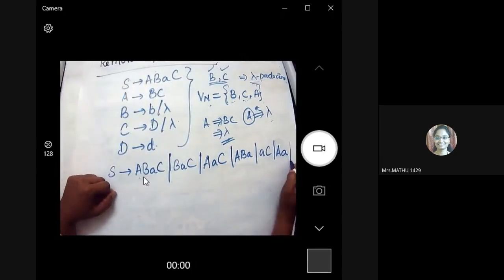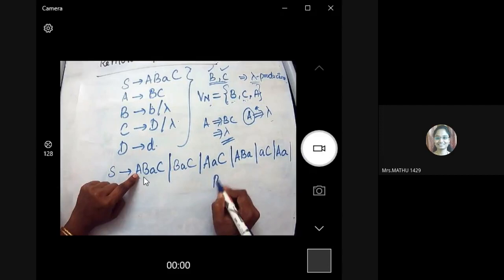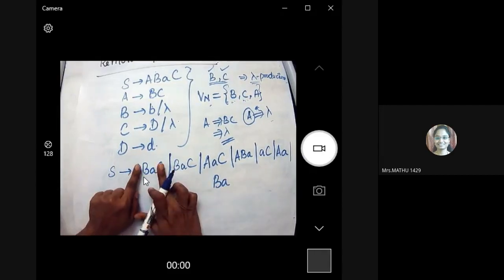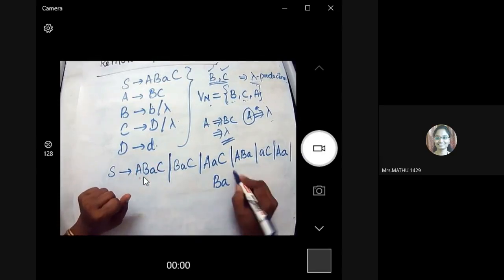Now we have applied it for AB, then BC. Another possibility is AC. If I apply lambda to A and C together, what I will get is BA. So that is another new production.